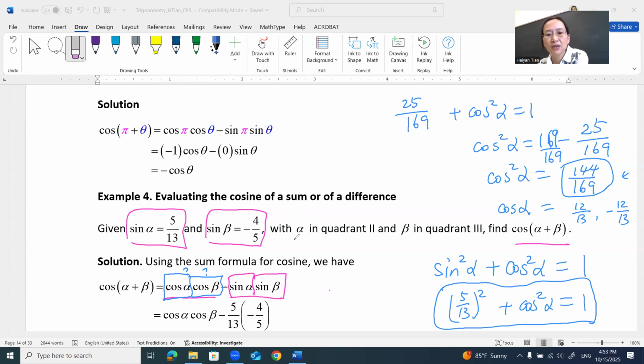Remember, alpha is in quadrant 2. If alpha is in quadrant 2, cosine is negative. So this one is correct, and the positive value should be discarded. So it is negative 12 over 13.